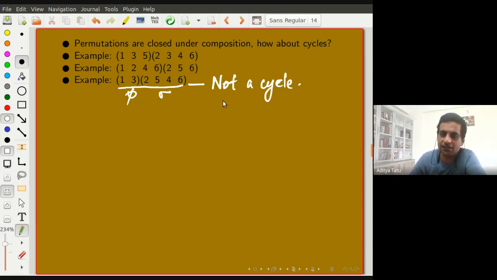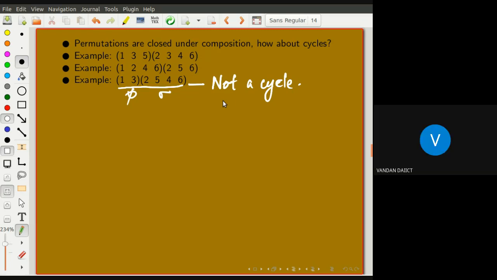You're saying not a cycle, so I'm just asking why. Sir, it contains two equivalence classes which have more than one element, so it is not a cycle.